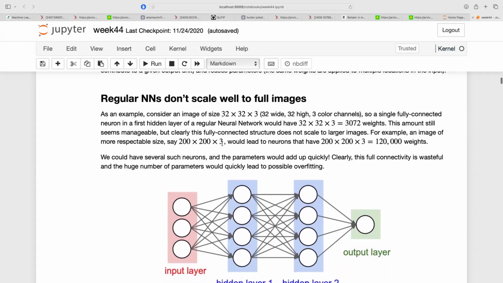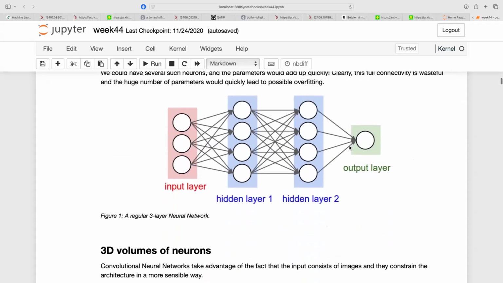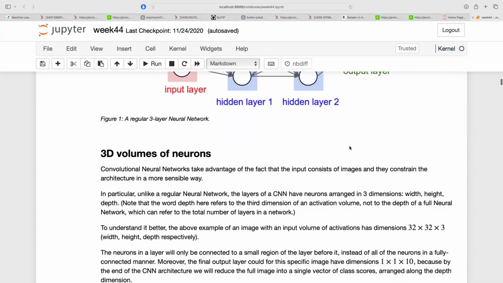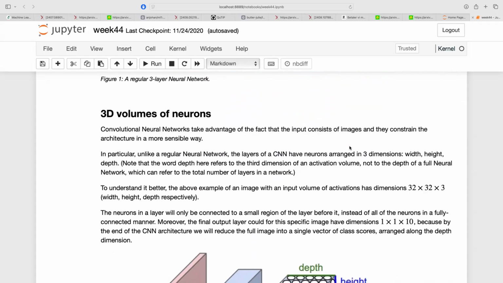And a larger image would quickly enter into something like 120,000 if you have 200 times 200 times 3 color channels. So what we are looking for is a way to reduce the dimensionality.